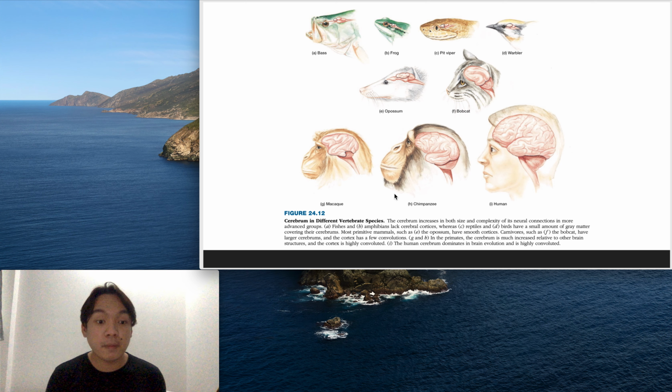So here is the cerebrum in different vertebrate species. They increase in size and complexity, as well as neural connections, in more advanced groups, like humans, chimps, and macaques. Okay. Fishes and amphibians lack a cerebral cortex. Whereas the reptiles, the pit viper, and birds have a small amount of gray matter covering their cerebrums.